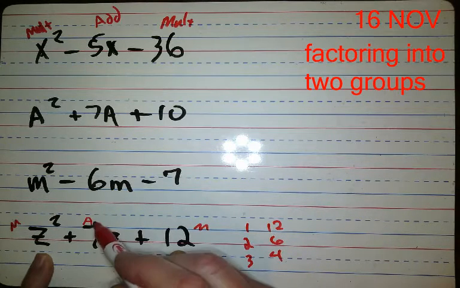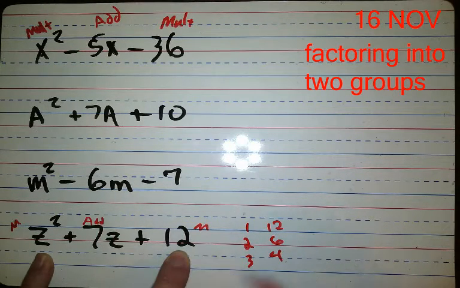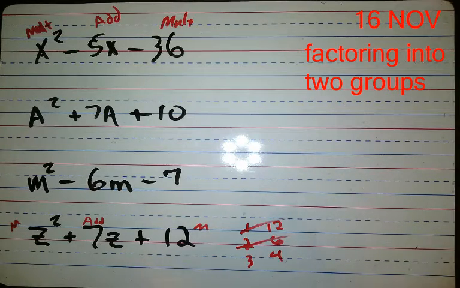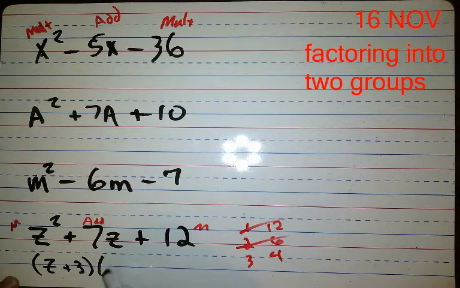But only one of these adds up to be the thing that we want in the middle. 3 plus 4 is 7. 2 plus 6 is not. 1 plus 12 is not. Right? So the correct answer then would be parentheses z plus 3 and z plus 4. Okay?